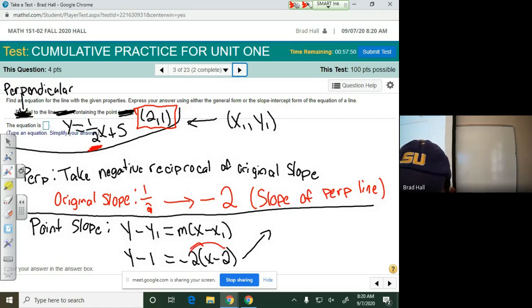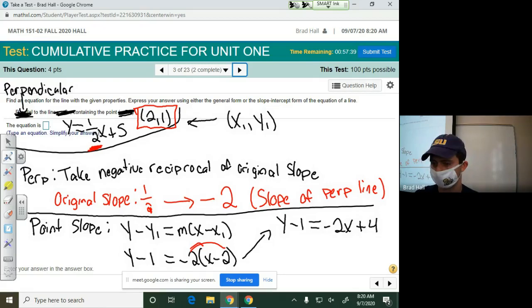So we will need to distribute here. And then finally, we add one on both sides.